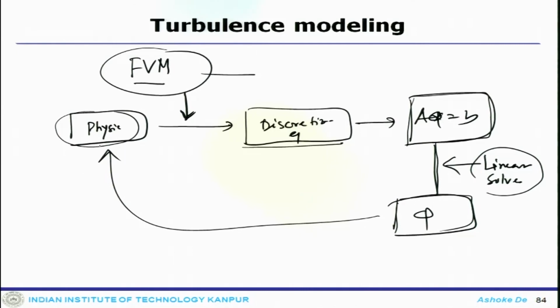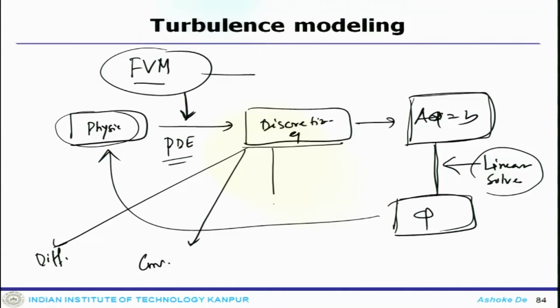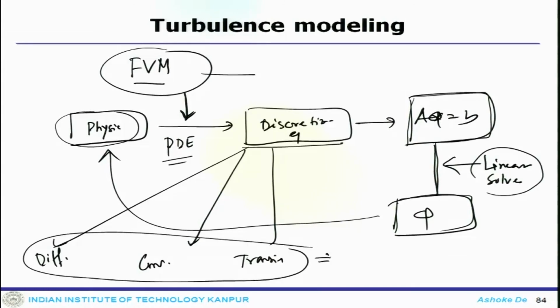The physical problem is governed by PDEs, and we discussed diffusion separately, convection separately, and transient separately, and we took care of everything together when we combined it back into the Navier-Stokes equations for the fluid flow solver.